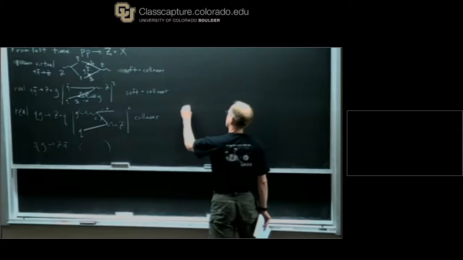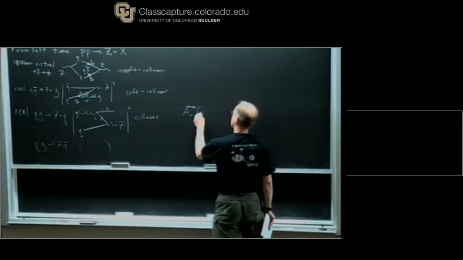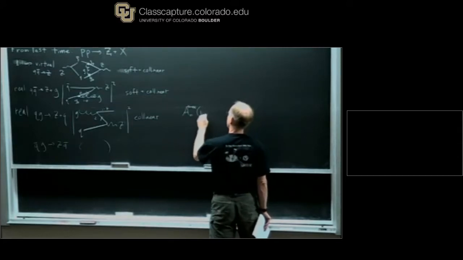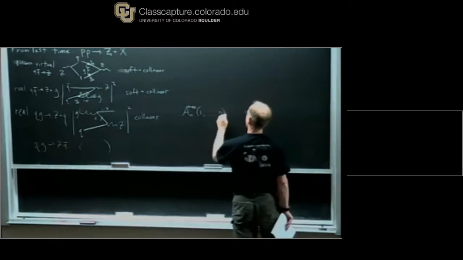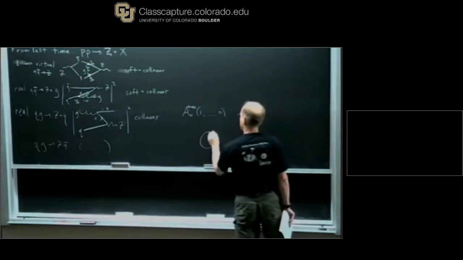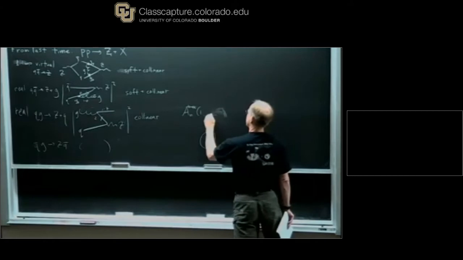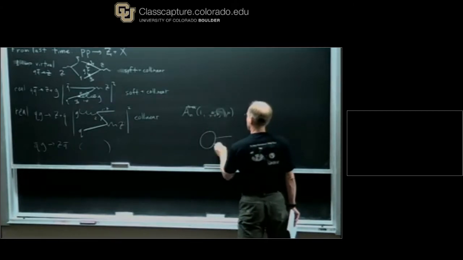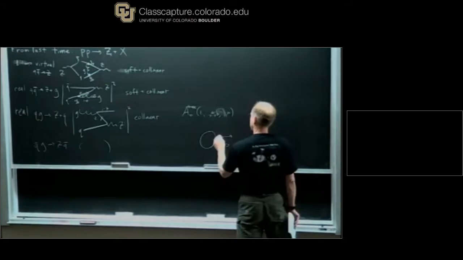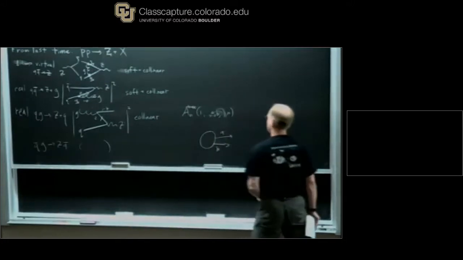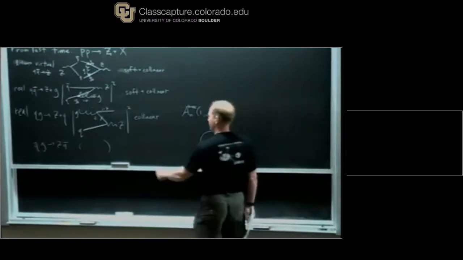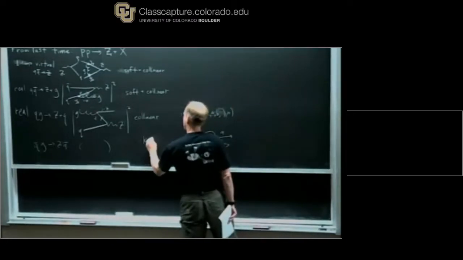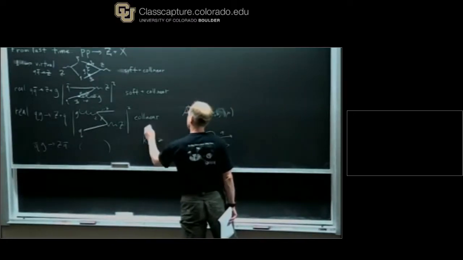If we have an n-point tree amplitude for a bunch of partons, and we take two legs, A and B, in there to be parallel, that means that they're proportional to the same vector.